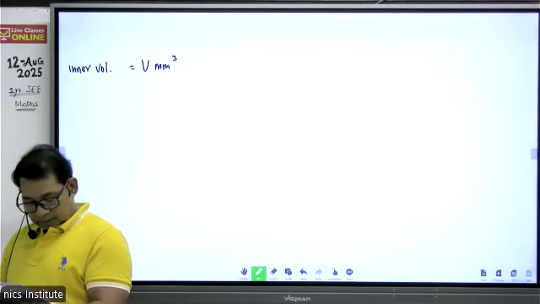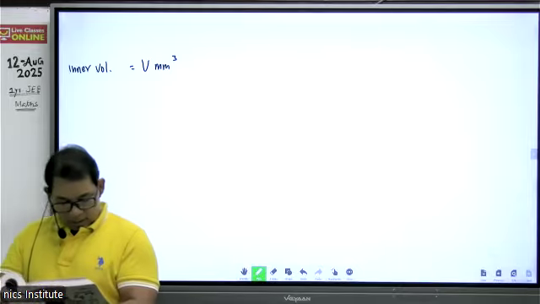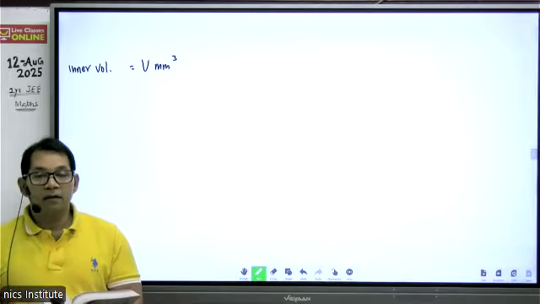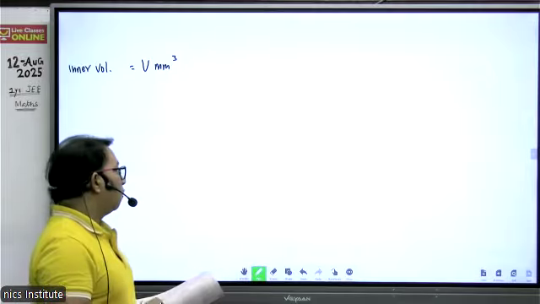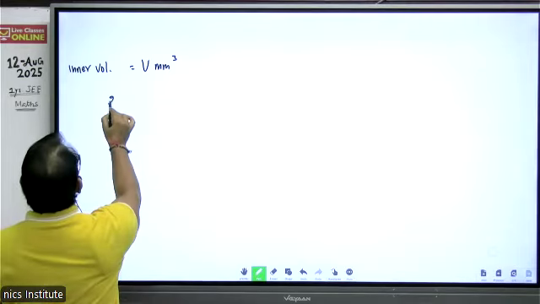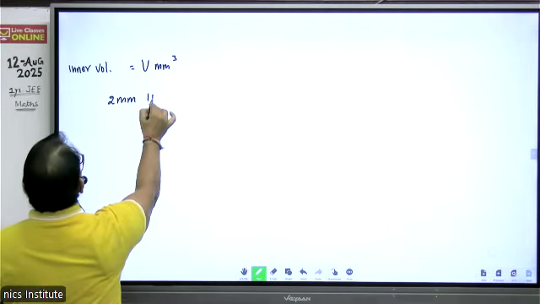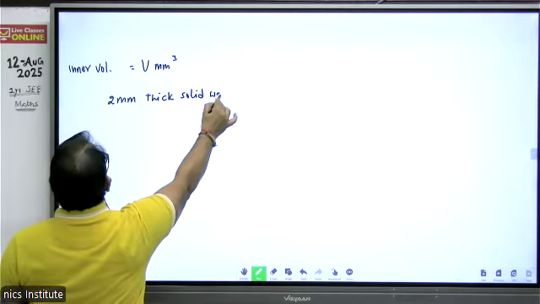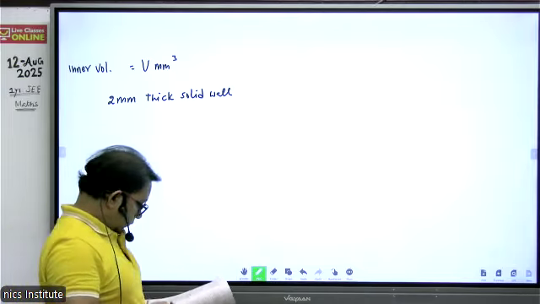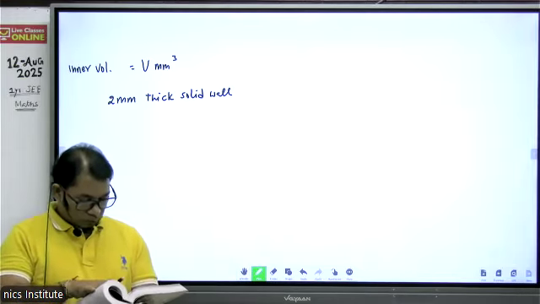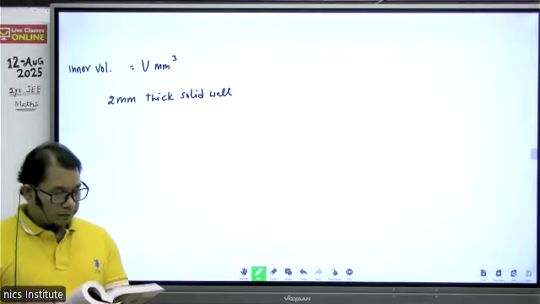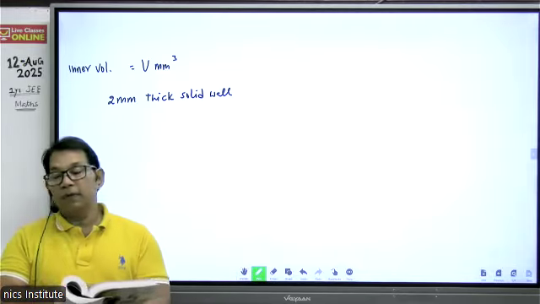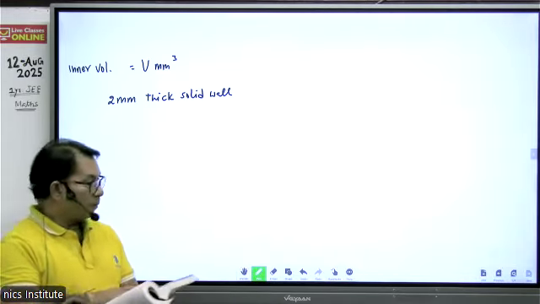And it has a 2 millimeter thick solid wall and is open at the top.